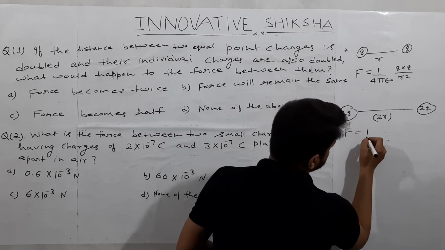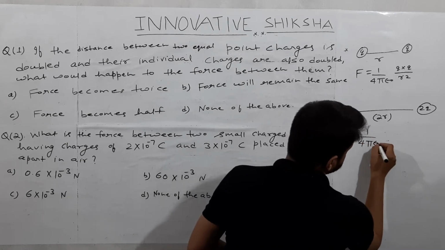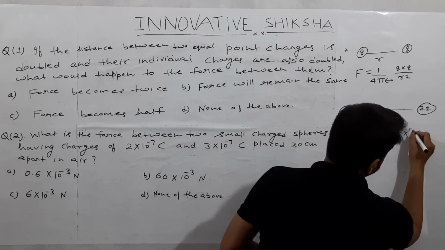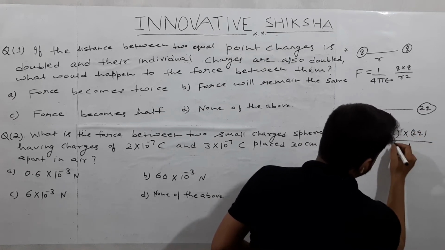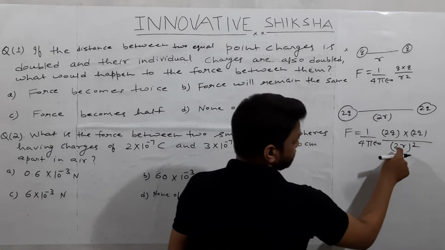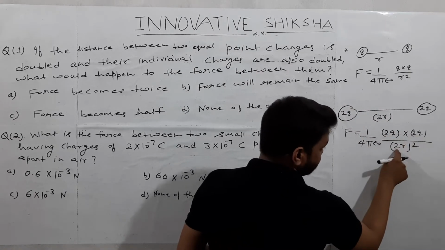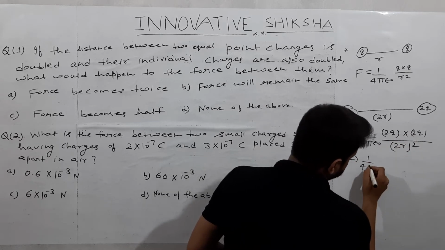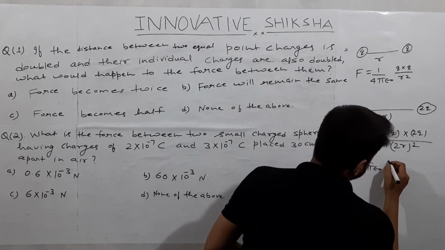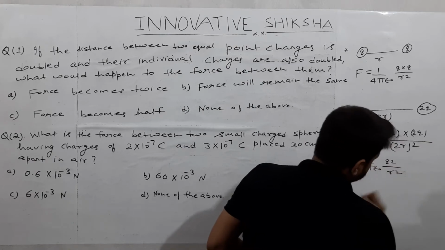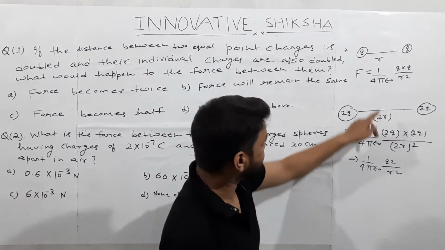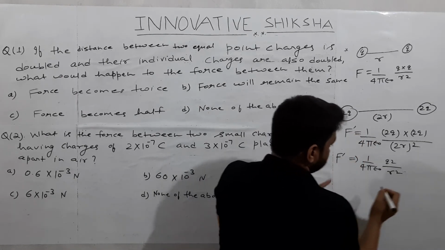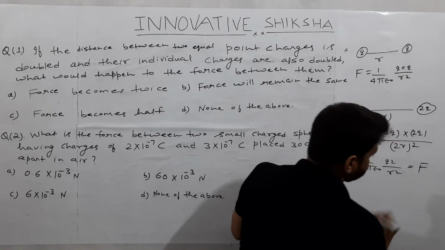We get 1 upon 4 pi epsilon naught times 2q into 2q upon (2r) whole square. So the numerator becomes 4 and the denominator also has 4, so they cancel out. Finally we get 1 upon 4 pi epsilon naught q square upon r square. This is exactly the first case. Let us suppose this is F dash. So your F dash is equal to F.